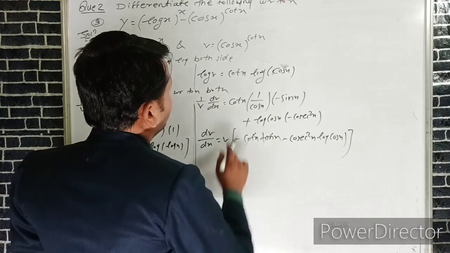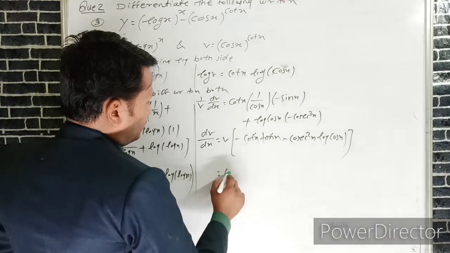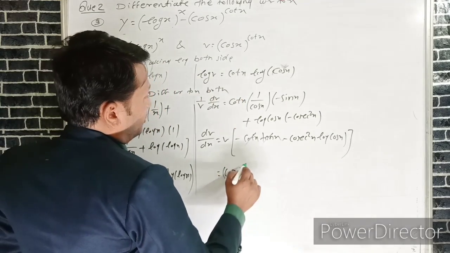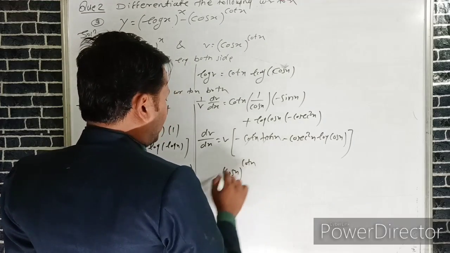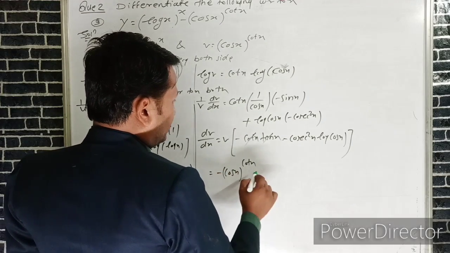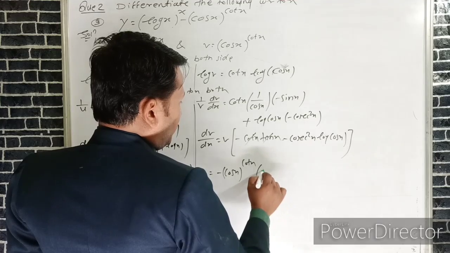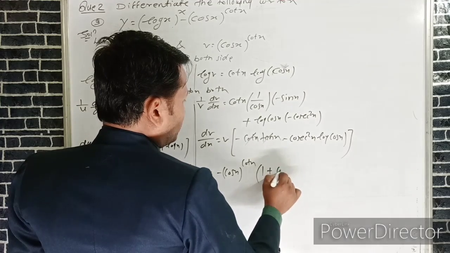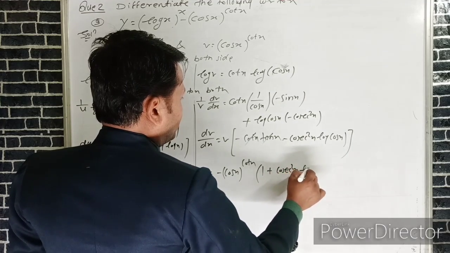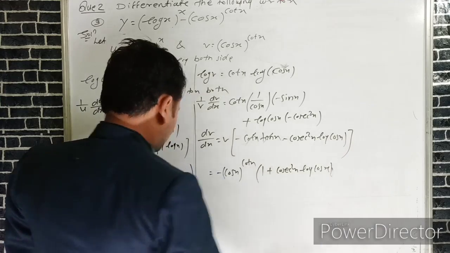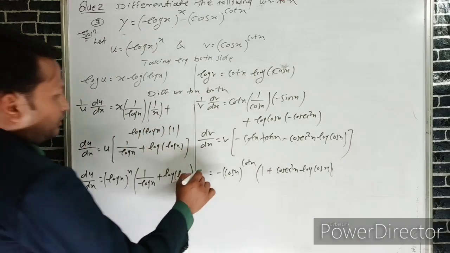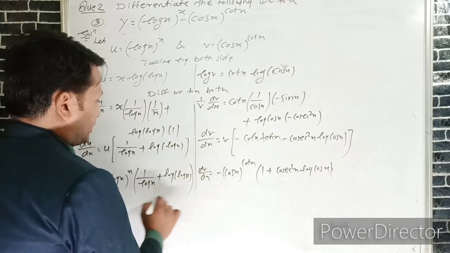The value of v is (cos x)^(cot x). If we take the negative sign common from both terms, we can write 1 plus cosec squared x into log of cos x, which is the value of dv/dx.